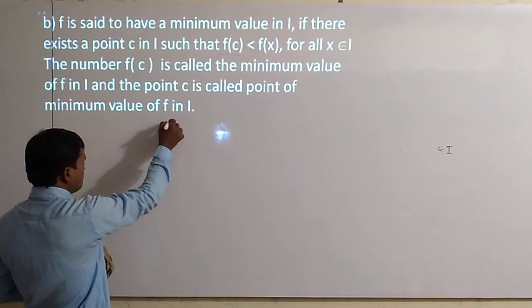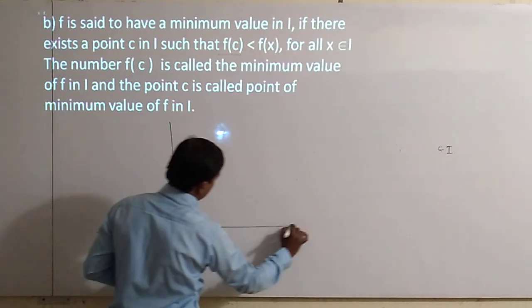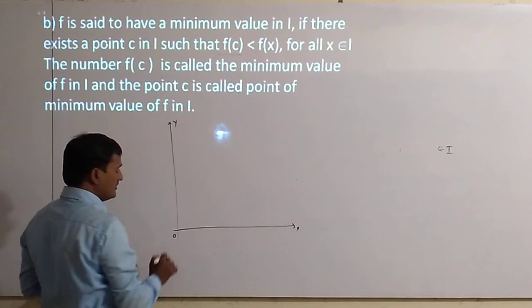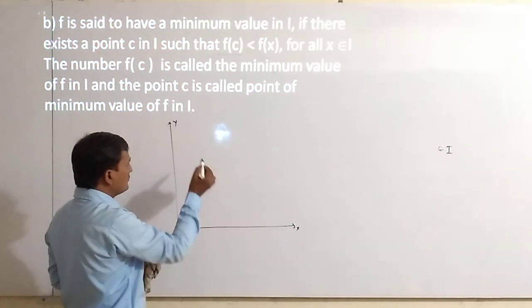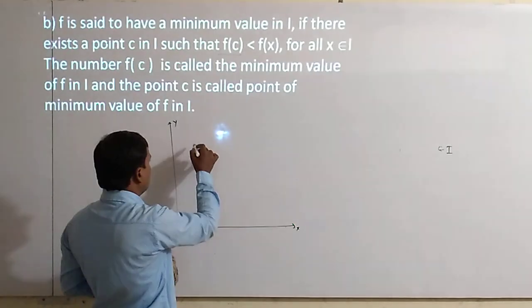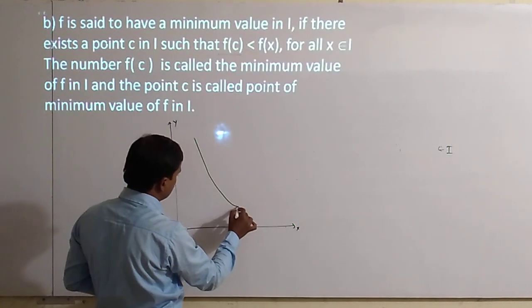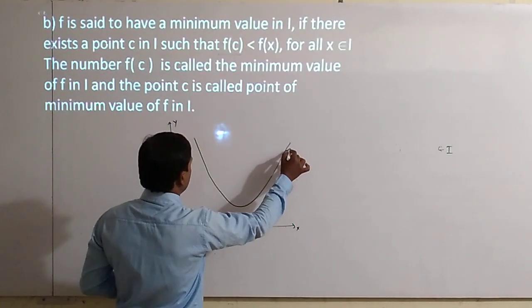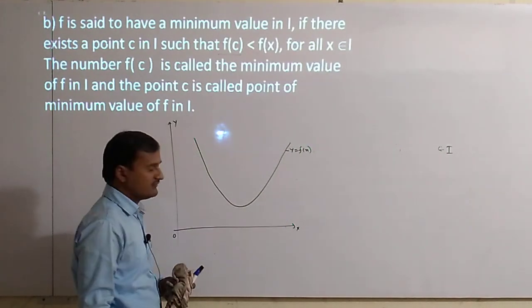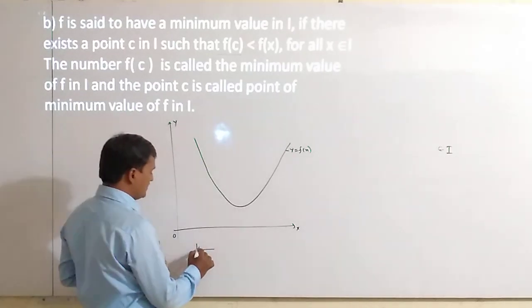For this, here we will take the graph, x, y, and the origin. Now to understand the minimum of a function, I will take the graph like this. This is the graph y equal to f of x, and this is the given interval.